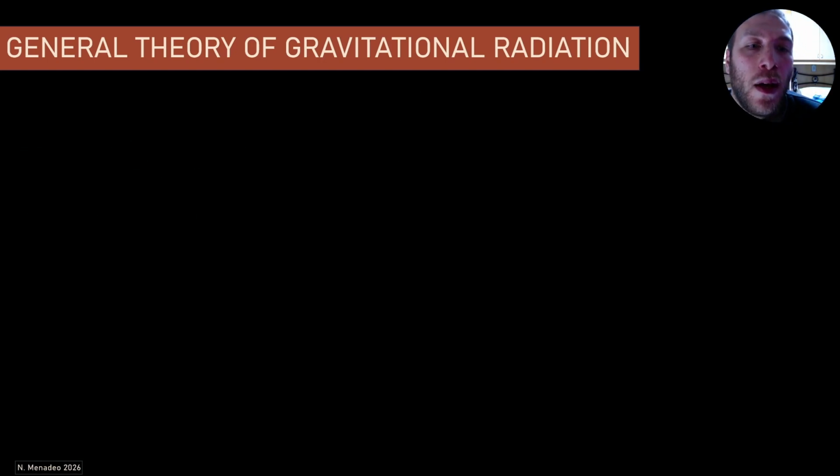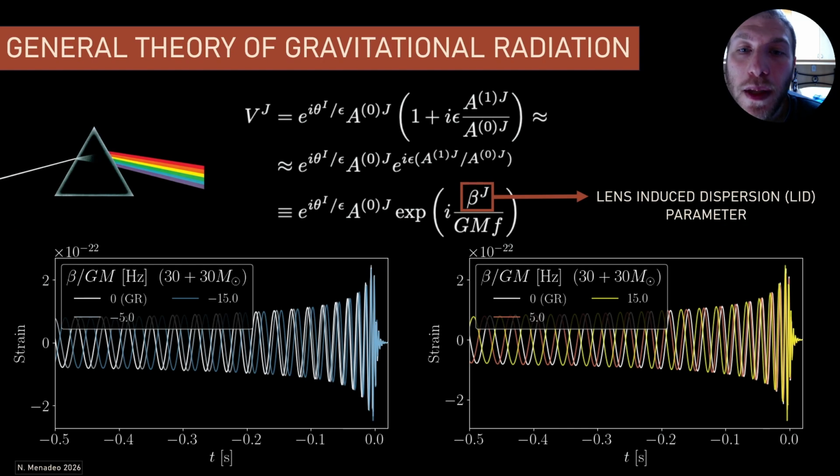Now, when the solutions for the beyond geometric optics contribution are computed, assuming they can be computed, we can recast them in the geometric optics ansatz, thereby producing an additional frequency-dependent phase contribution. And this motivates the introduction of a lens-induced dispersion parameter here. This phenomenon for gravitational waves is closely analogous to what happens in optics when light passes through a prism. In our case, the prism role is played by the gravitational lens.